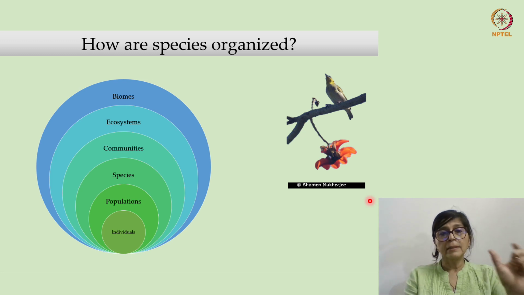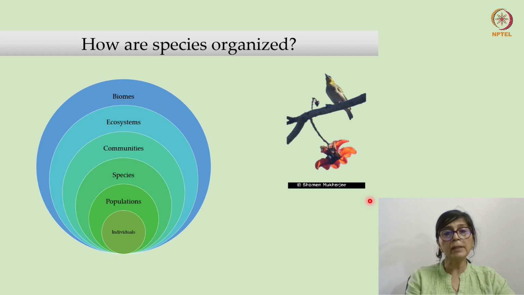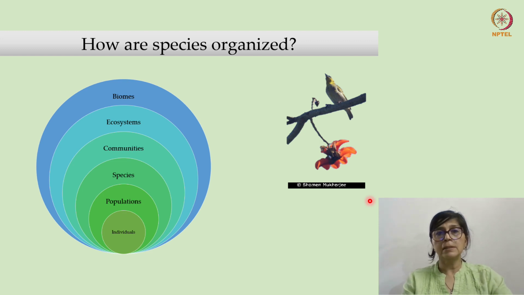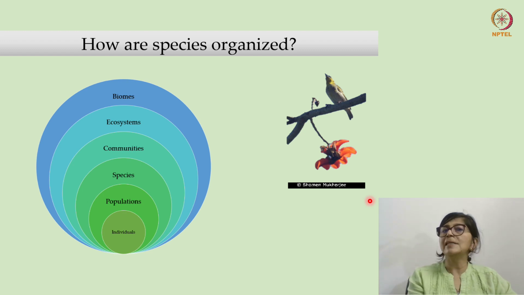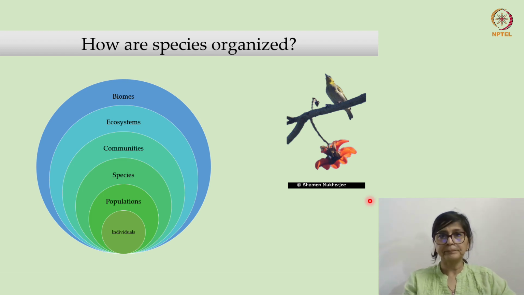Then the next level are communities. What are communities? In very human terms, we often understand, say, I live in Bangalore. I can always say the community of Bangalore. But more or less, what people will understand is we are talking about the human community. It's a gated community, or a very local community. But in ecological terms, it is more or less the same, but slightly different.